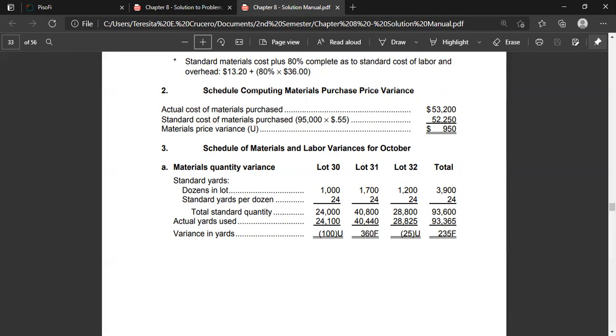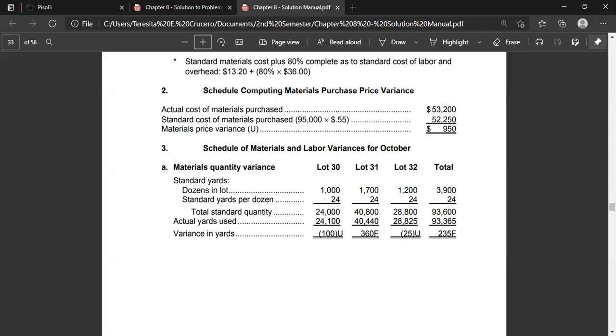We now get the total standard quantity equal to 24,000, lot 30, lot 31, 40,800, and lot 32, we multiply it by 24. So we get only 28,825.